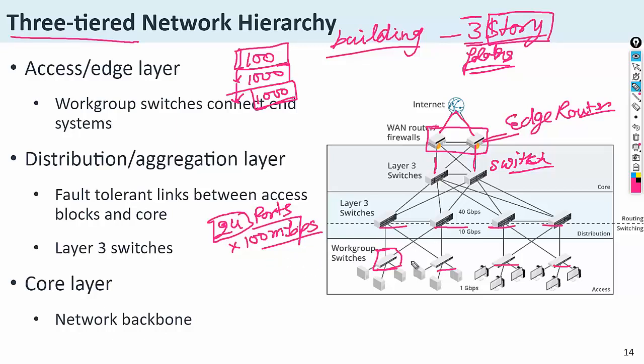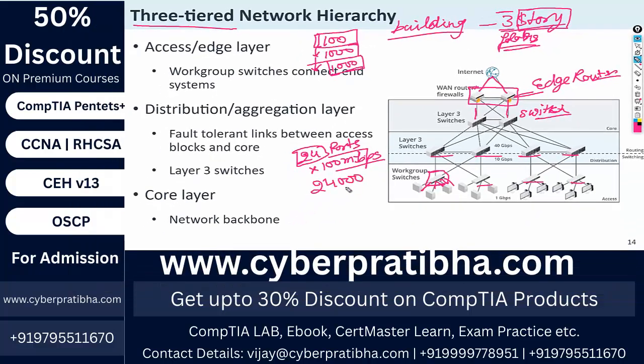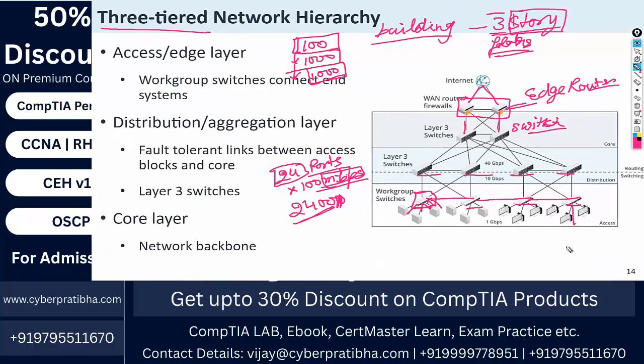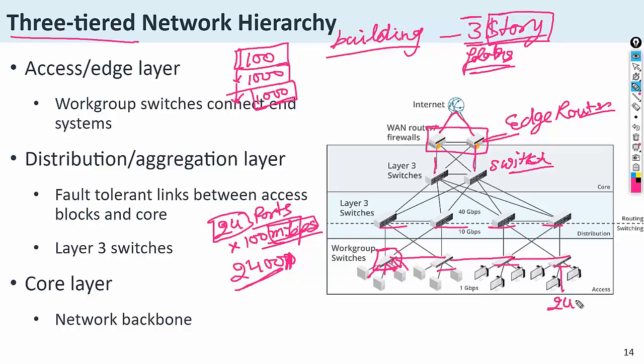With 24 ports at 100 Mbps each, how much must we calculate? 2400 Mbps is the speed they must handle. If the computers are connected to this switch, it also has 2400 Mbps.